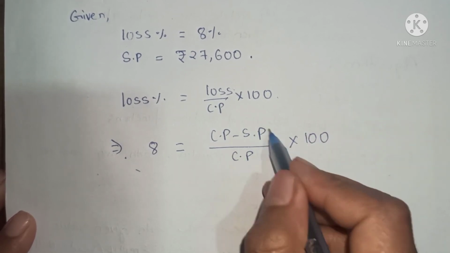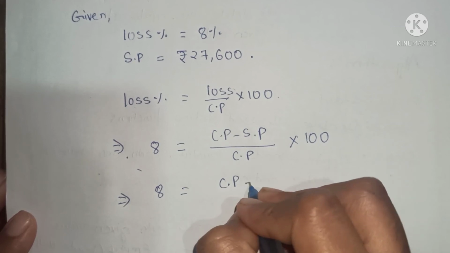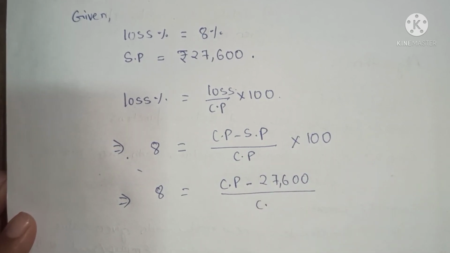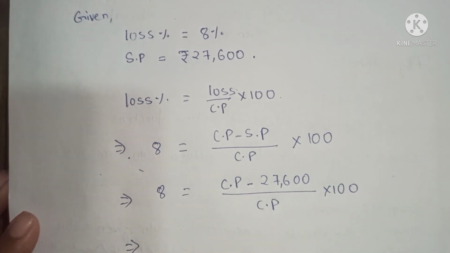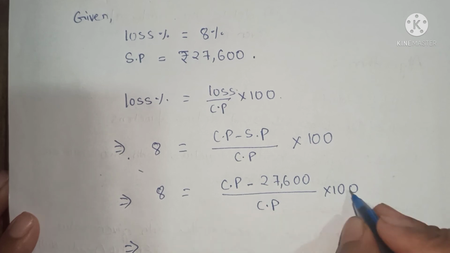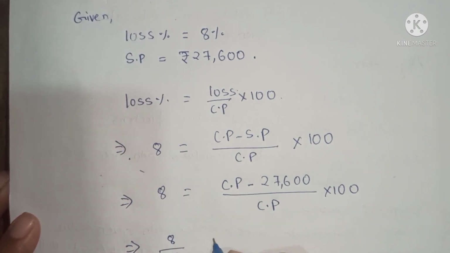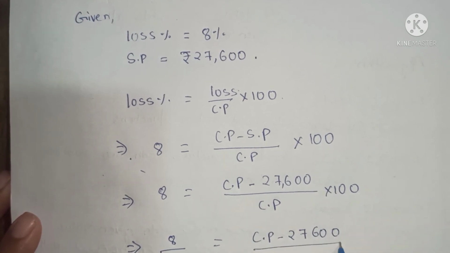Now we know SP, so we will put the value of SP. 8 equals CP minus 27,600 divided by CP into 100. This 100 will come here: 8 by 100 equals CP minus 27,600 by CP.